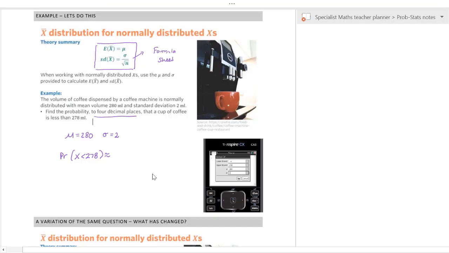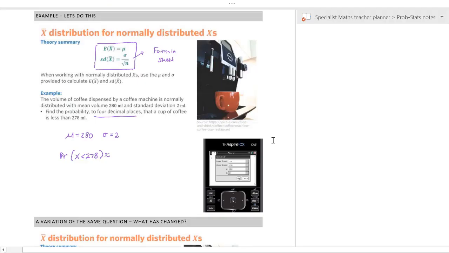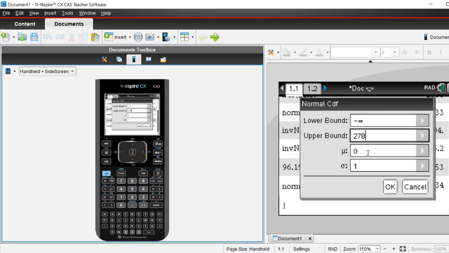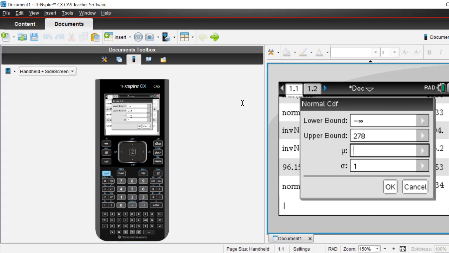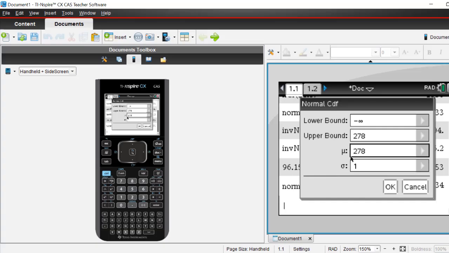Now, it says here that we're less than 278, so the upper bound is 278, and the lower bound, of course, is negative infinity. You've been given what the mean is, so you don't have to do a standard mean of 0. That would be silly, going to find your Z values and all of those sort of things. We've got 280.